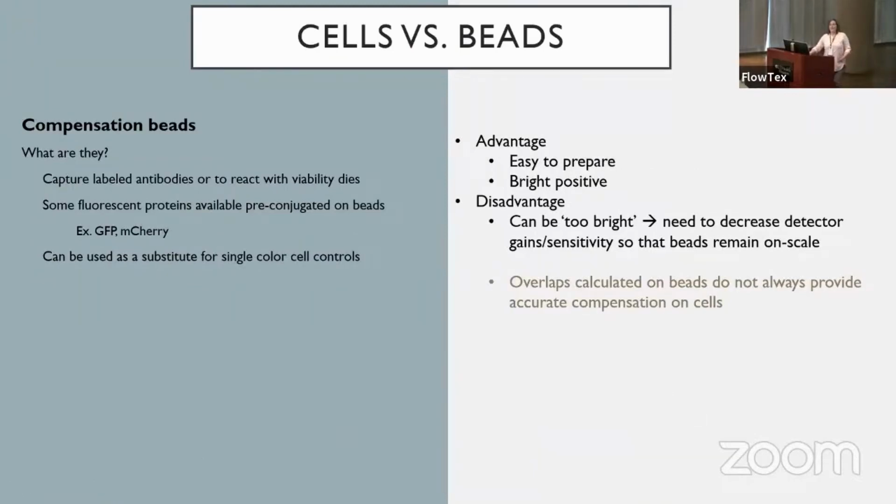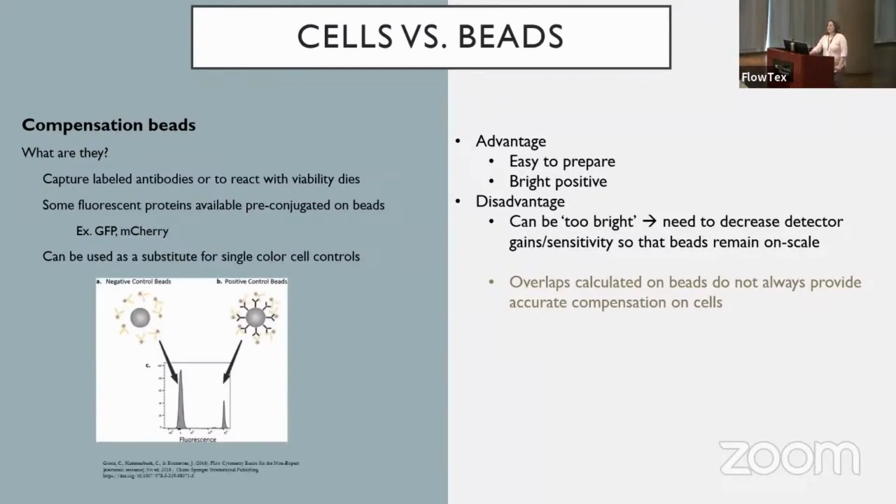So I keep talking cells versus beads. Does anybody not understand what beads are? I'm going to go through this super quick. The idea is basically that manufacturers have put out a whole bunch of beads that are essentially vehicles for antibodies that grab your antibodies. So if you want to put 10 different colored antibodies on your experiment, you're going to put these beads into a tube.